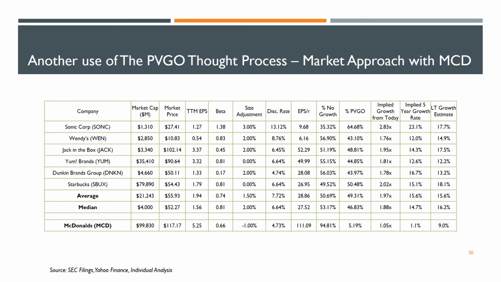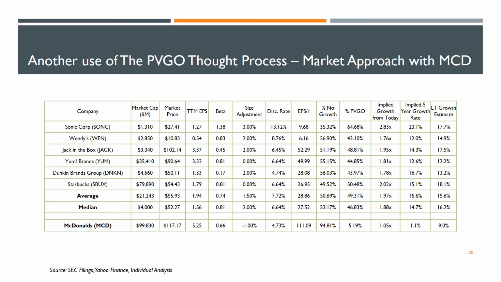So let's look at it from another perspective, a market approach perspective, and we'll use McDonald's. We're going to look at different companies that are inside that QSR, quick service restaurant, fast food space. And you have Sonic, Wendy's, Jack in the Box, Yum brands, which mainly Taco Bell and KFC, Dunkin' brands, and Starbucks.